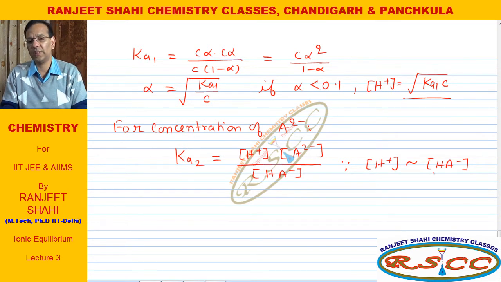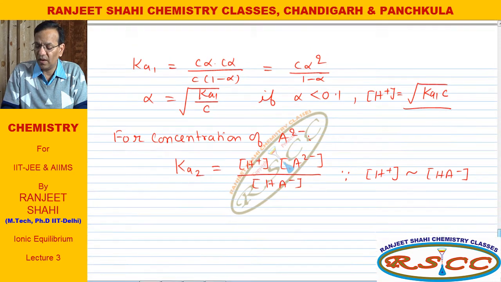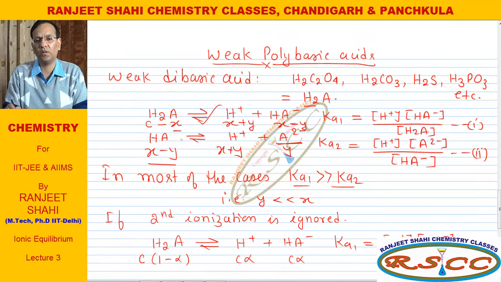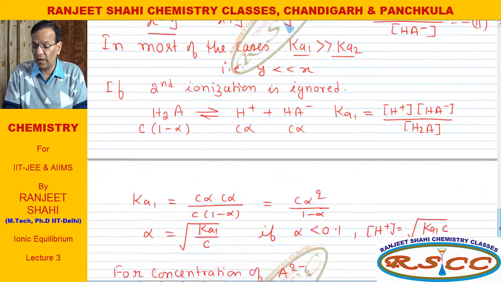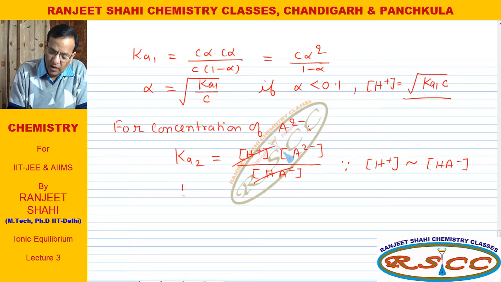Since we are ignoring second ionization, Y is negligible in comparison to X. So X plus Y is X, X minus Y is X. So hydrogen ion concentration is almost equal to the concentration of HA minus. With this approximation, this will cancel out, leaving Ka2 equal to concentration of A2 minus.